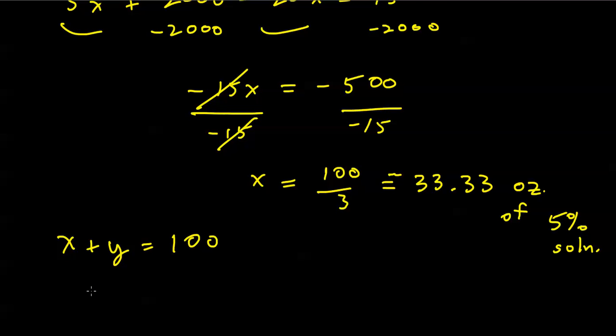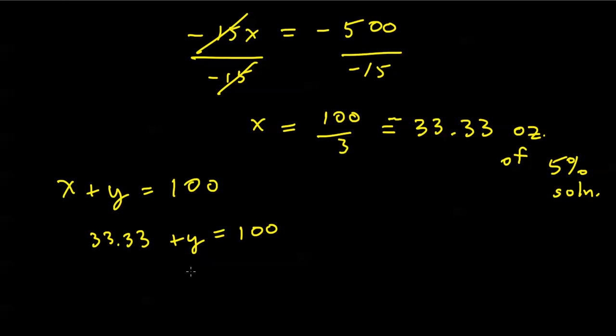So I can say 33.33 ounces plus Y equals 100. And Y is, of course, then 66, I'll call it 67 ounces, rounding off.